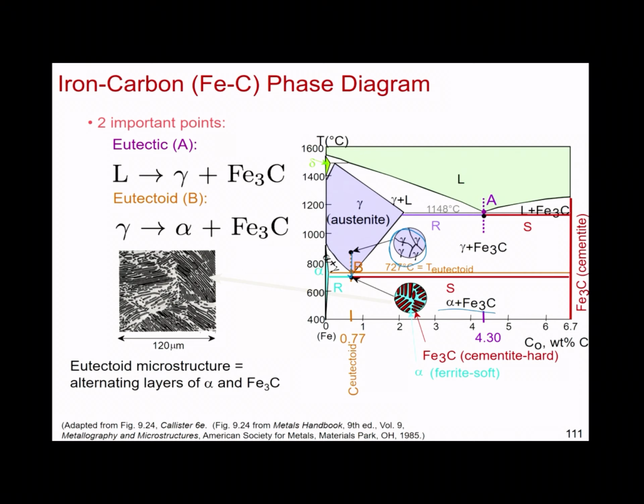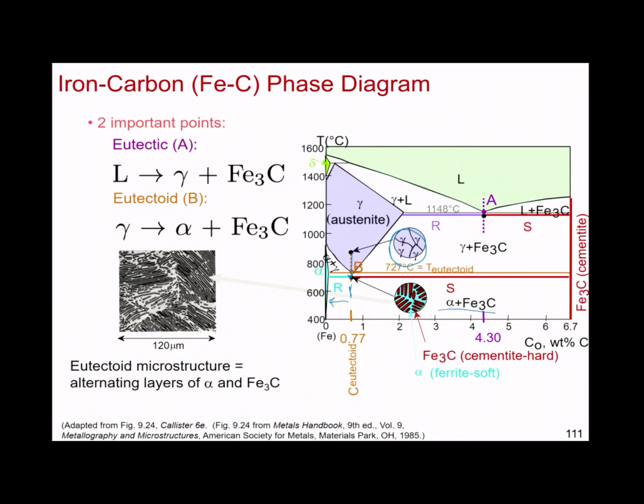But let's look at the fraction of alpha versus Fe3C. If you're here, you're much closer to the alpha phase. So one would expect that you have a lot of alpha. So the white parts would be the alpha, and you would have thin areas of Fe3C or cementite in between those alpha.